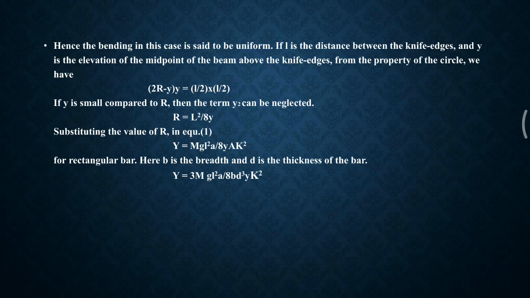Now, if you take y inside the bracket on the left hand side, the first term is 2Ry, the second term is minus y square, that is equal to L by 2 into L by 2, which is L square divided by 4. Now, if we ignore the higher order terms such as y square, then 2Ry is equal to L square by 4, or R is equal to L square divided by 8y.